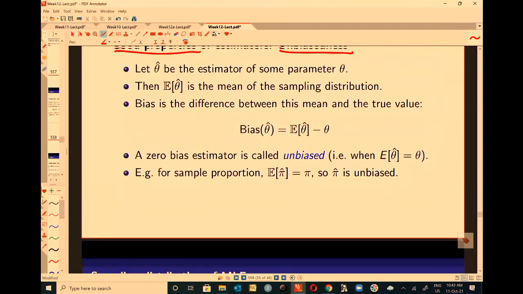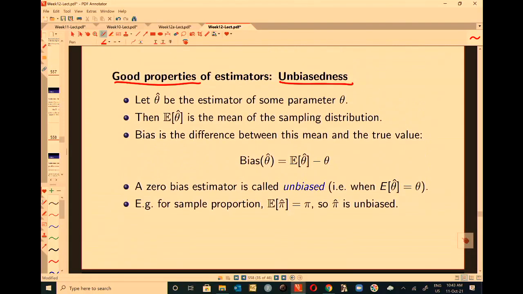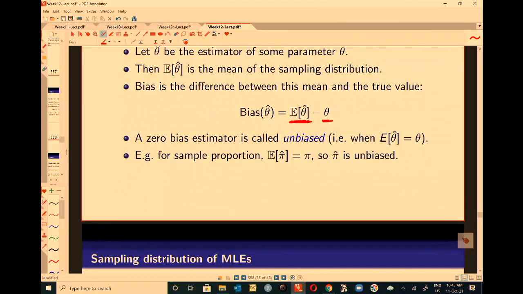So an estimator is unbiased if, on average, its expected value is equal to the thing I'm trying to estimate. We very well know that if I'm looking at, say, y bar as the average of some data, and I'm trying to estimate the mean of the data by y bar, I know that E of y bar is equal to mu.